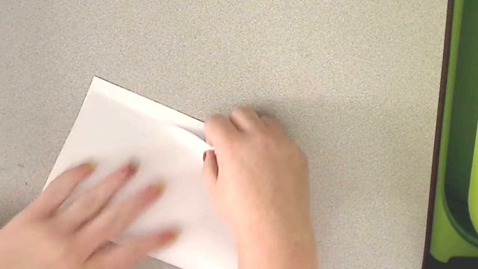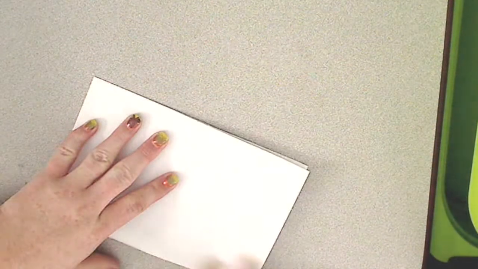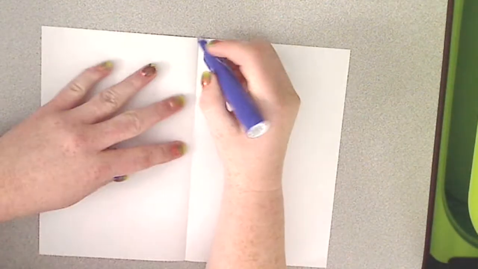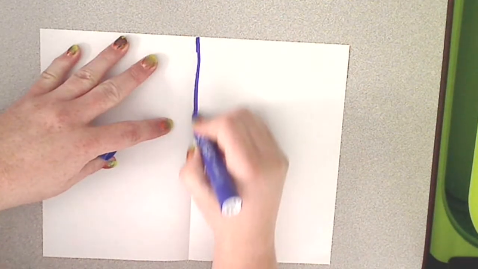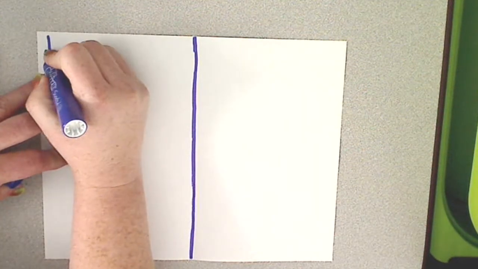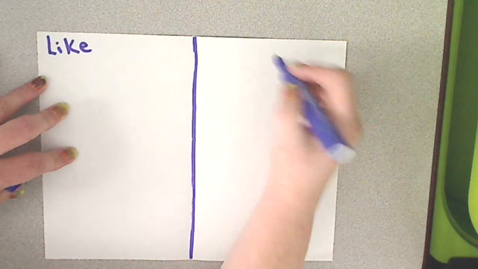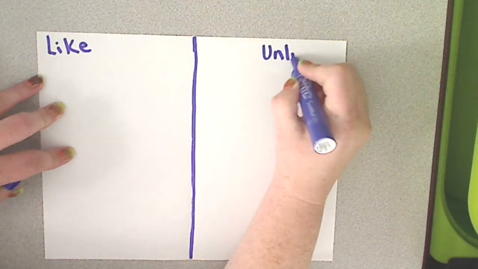So let's start by looking at fractions where the total number of pieces are equal. So I'm going to fold this in half. One side of this is going to be for like denominators, and the other side is going to be for unlike.